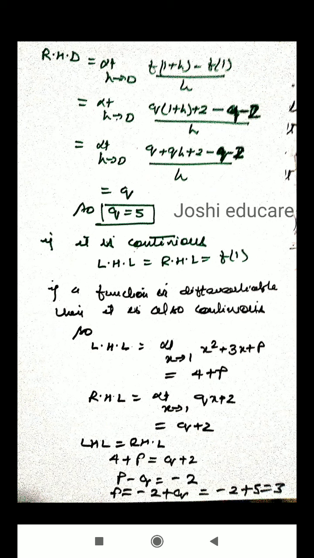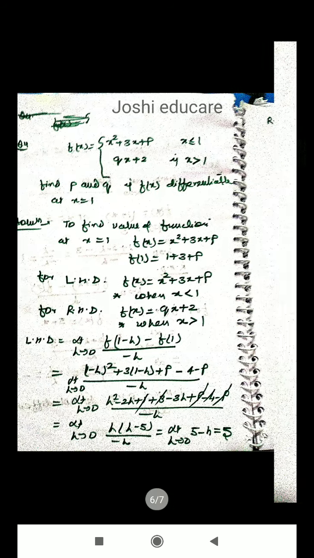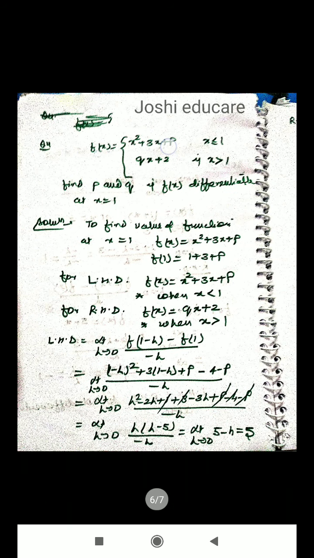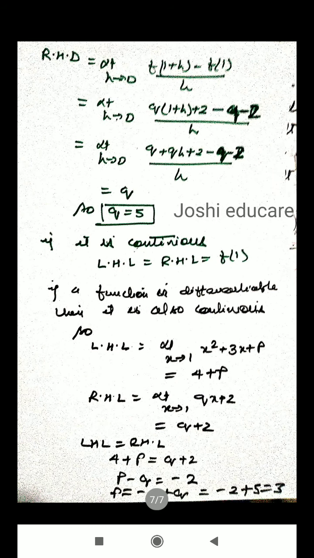As function is differentiable, so it should be continuous also. So second condition we'll use: left hand limit equal to right hand limit at x equal to 1. If a function is differentiable, then it is also continuous. So calculate left hand limit, x tends to 1 from this. In this you put x equal to 1. So it will be 4 plus p.